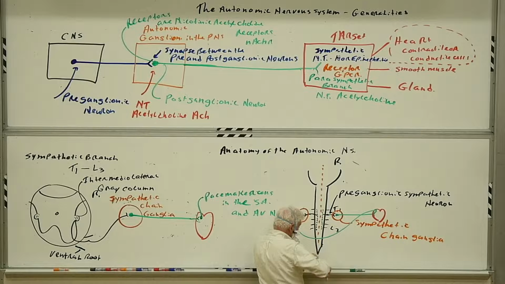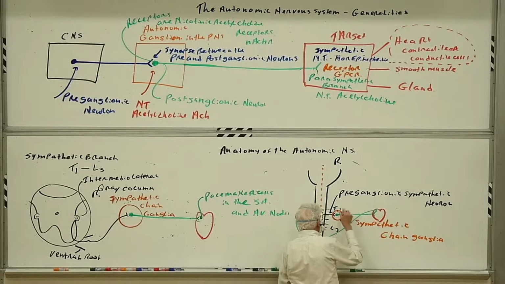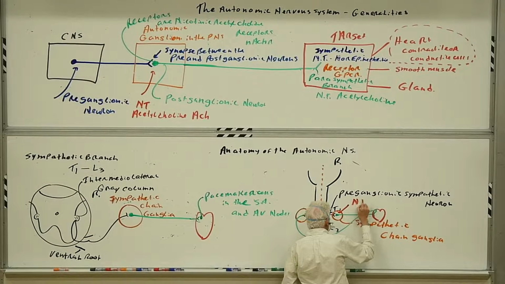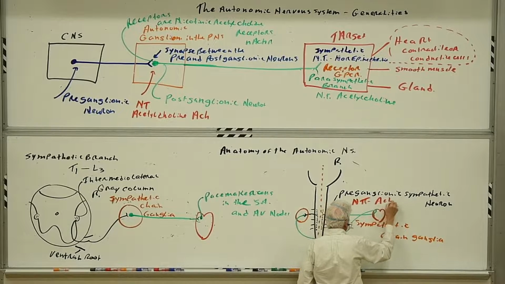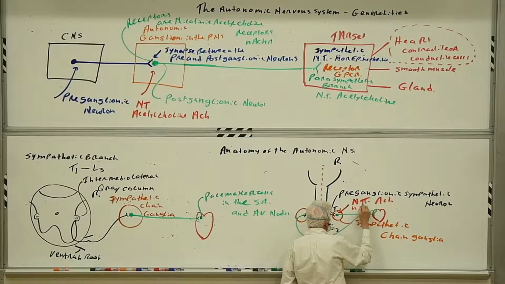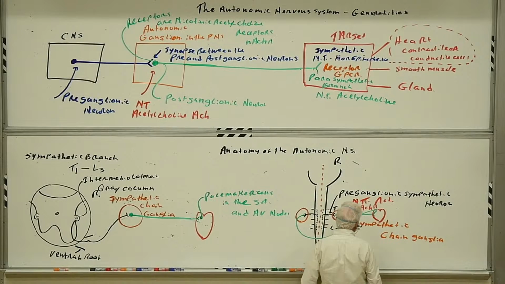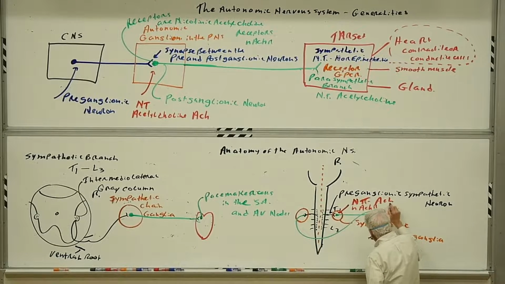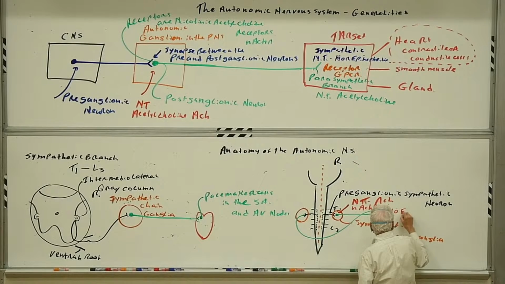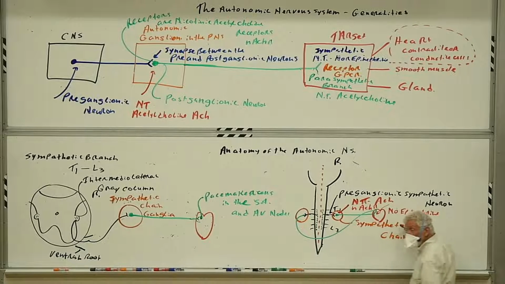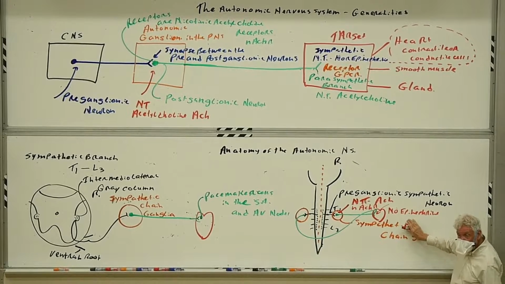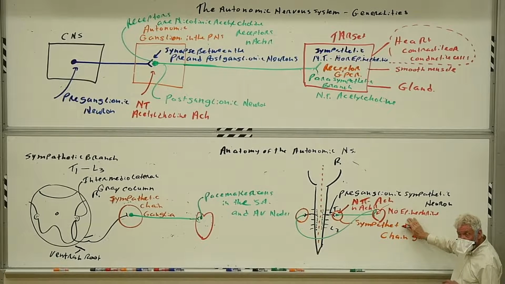To emphasize the point, the neurotransmitter here is acetylcholine, and the receptor is the nicotinic acetylcholine receptor. The neurotransmitter out here is going to be norepinephrine. You may sometimes see this referred to as noradrenaline. It's the same thing. Norepinephrine is the same thing as noradrenaline.